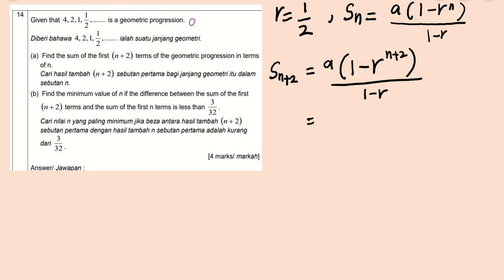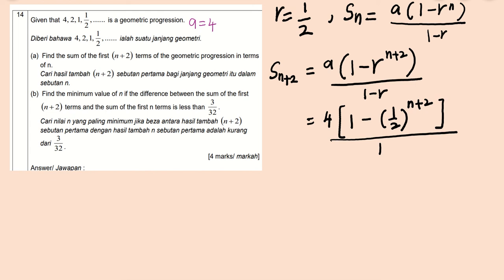Okay, so substitute the value of a, di mana a is equal to 4. So, substitute into the formula: 4 multiply 1 minus 1/2 to the power of n plus 2, bracket ni kita tukar kepada big bracket, over 1 minus 1/2.